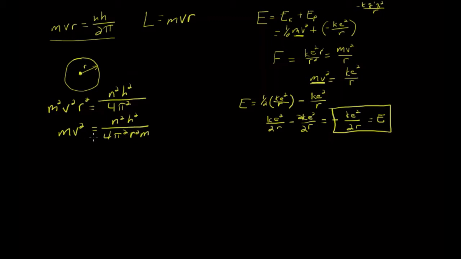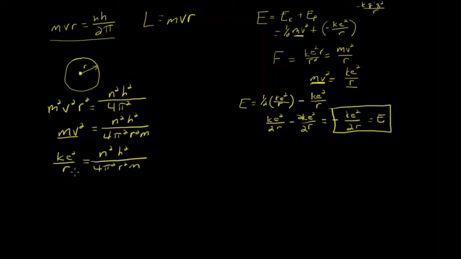Okay, so this again is equal to this, so we can substitute that in. ke squared over r equals n squared h squared over 4 pi squared r squared m.